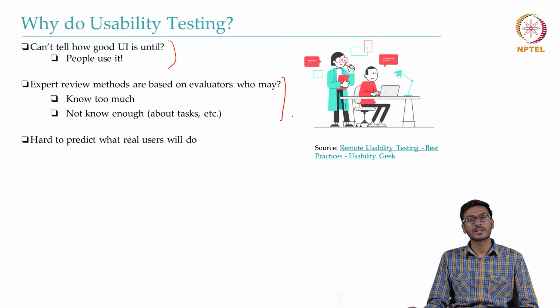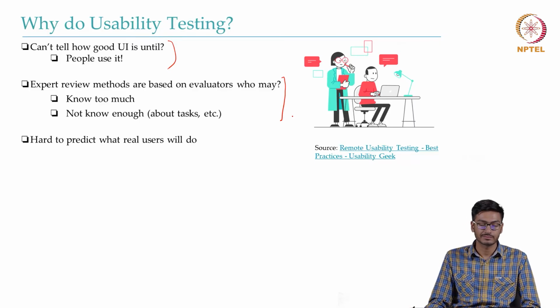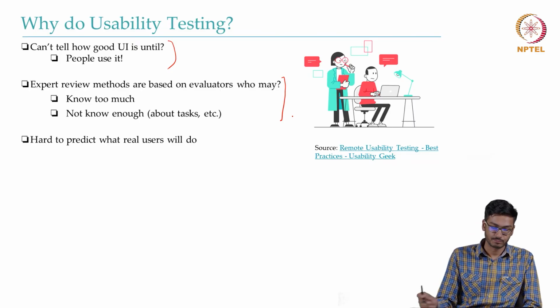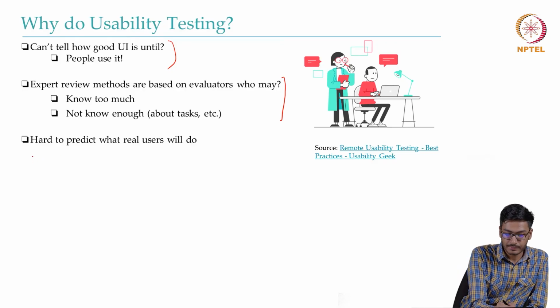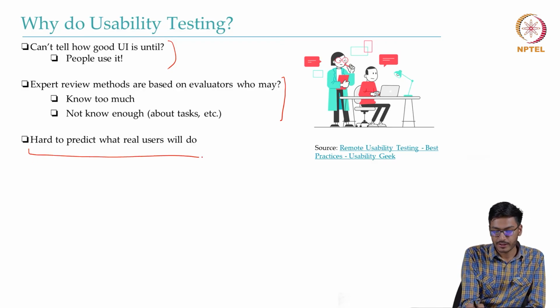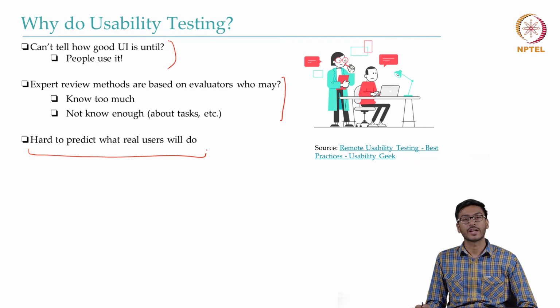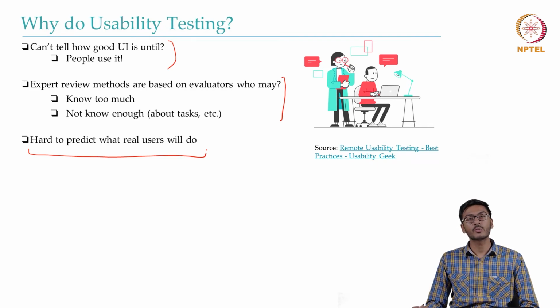Too much, in that they may go too deep into the stuff, where the solutions get over engineered and thus make it difficult, or they may not know enough about the real world problems that the users may actually tackle while testing. And finally, it is hard to predict what the real users will actually do. We may not know what the users will do until we actually see for ourselves.